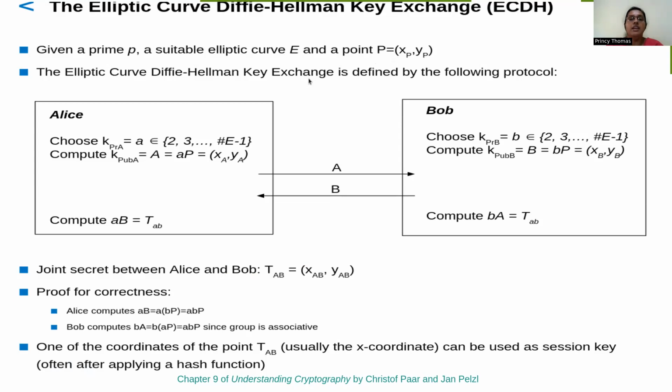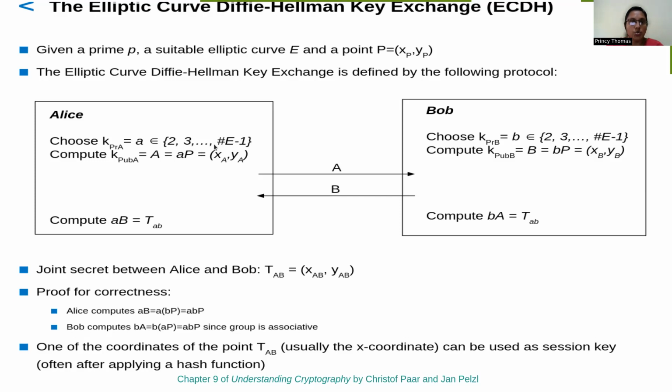The elliptic curve Diffie-Hellman key exchange is defined as follows. First, Alice chooses her private key, called KPRA, and this value must be between 2 and the cardinality minus 1. If you remember, the P value is between 1 and hash E, but here that A value can be any value from 2 to hash E minus 1.